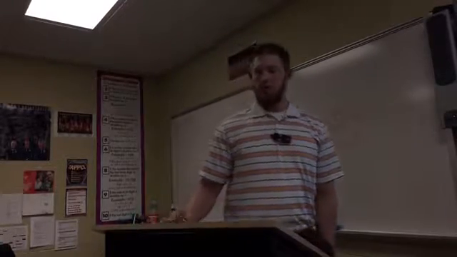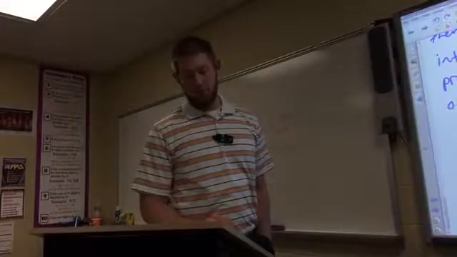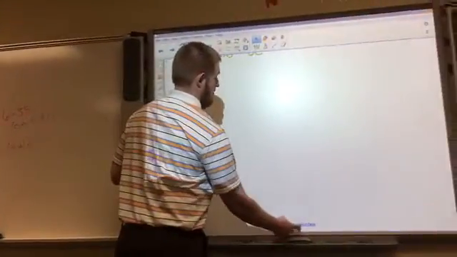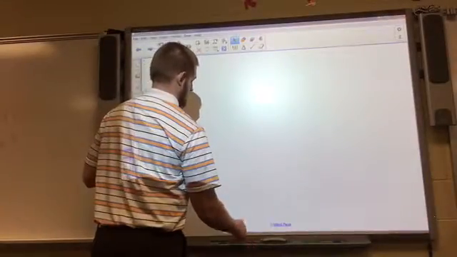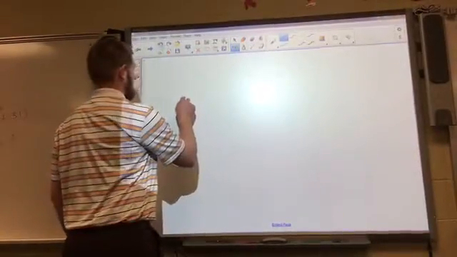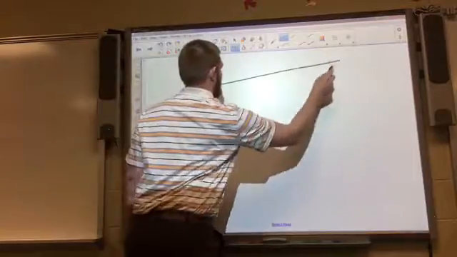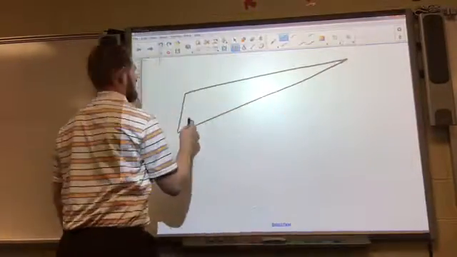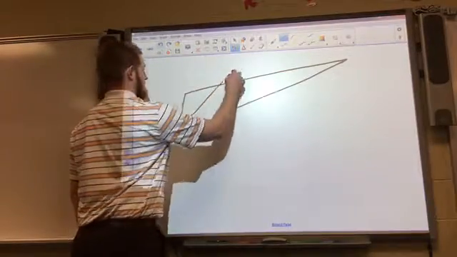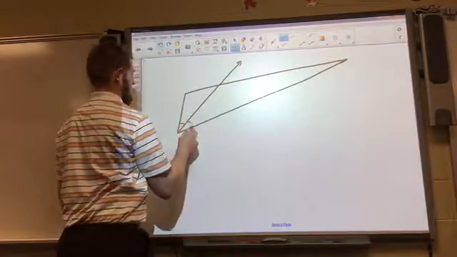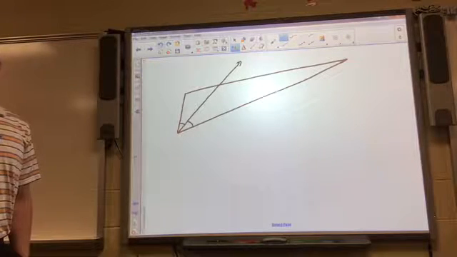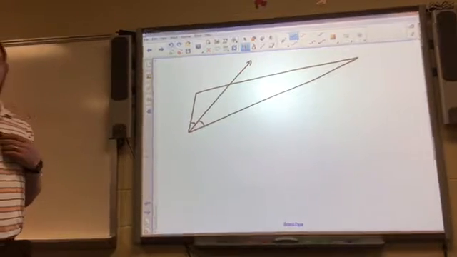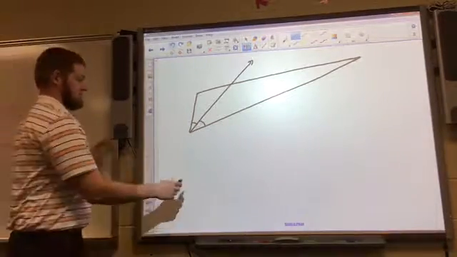Alright, the one I do want to talk about is like example 4, except I'm not going to do the one in your book. So make sure you get this down. This one's a good example to show you that that ray does not have to bisect the opposite side, does it? It bisects the angle.